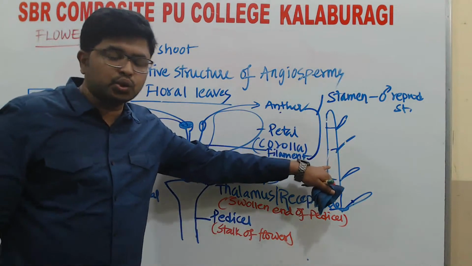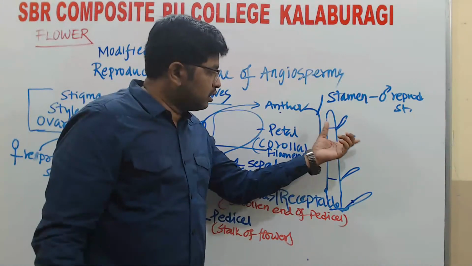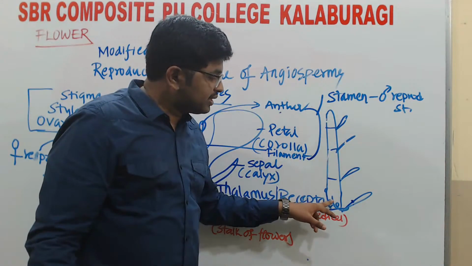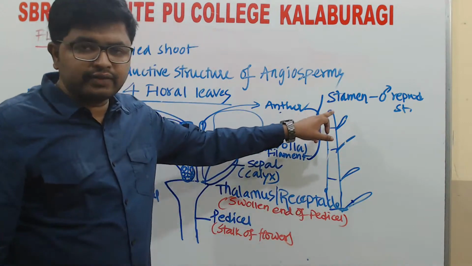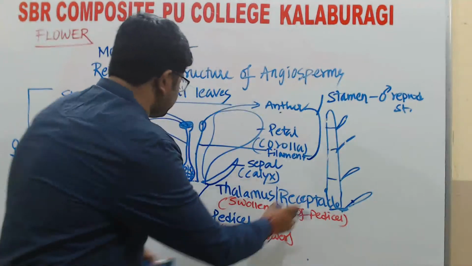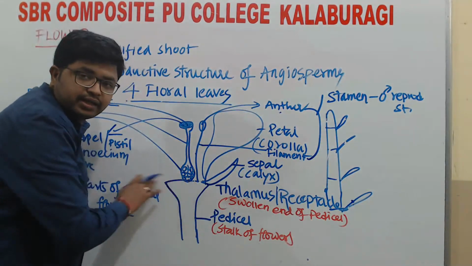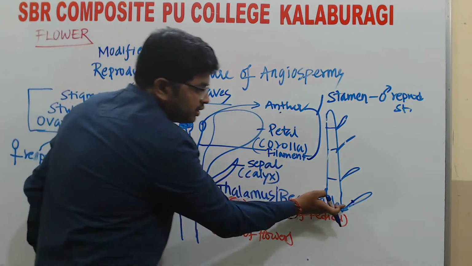So when a shoot tip modifies into floral meristem, instead of leaves you get all these floral leaves, and the axis gets condensed. That's why it is a flattened surface, which we call the thalamus. It gets compact.